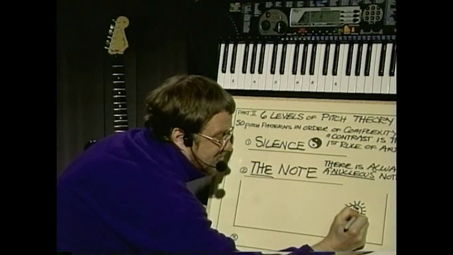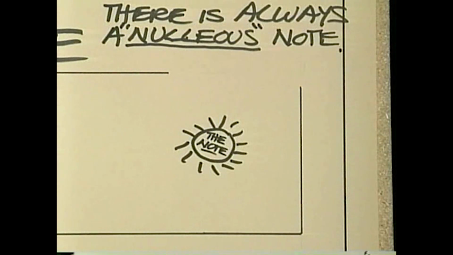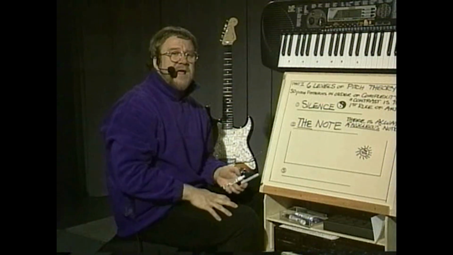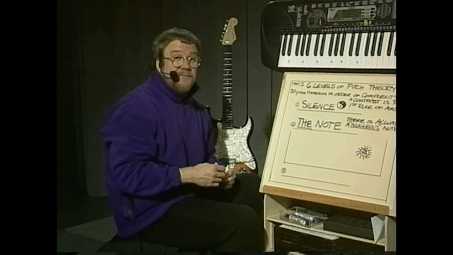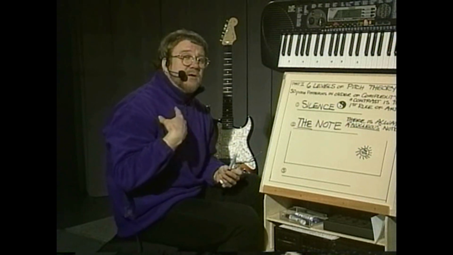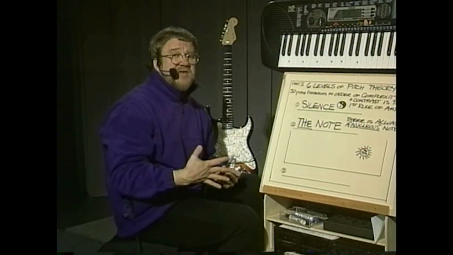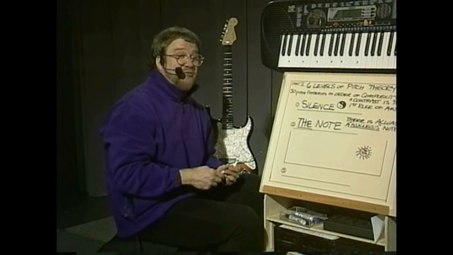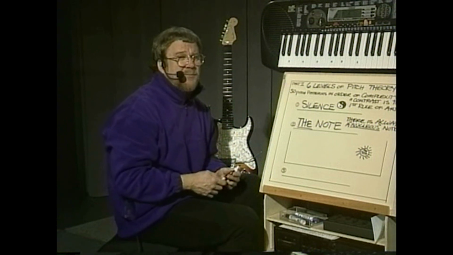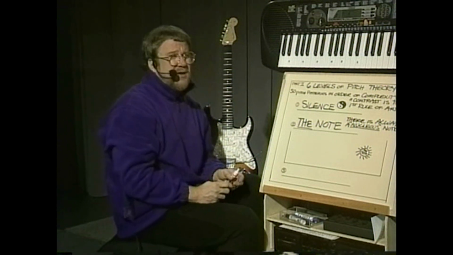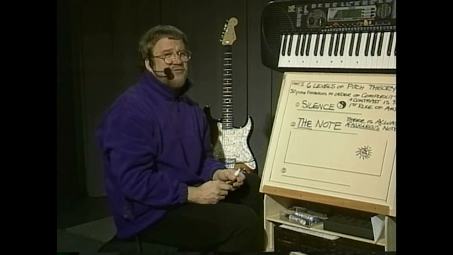Out of your 12 notes, you have chosen one of those notes to be the actual center of the piece right there. Once you have done that, you've chosen one of those 12 notes to be that nucleus note, that has an awful lot to do with the concept of playing in a particular key. And we have mentioned that there are actually 12 keys that you can play in.